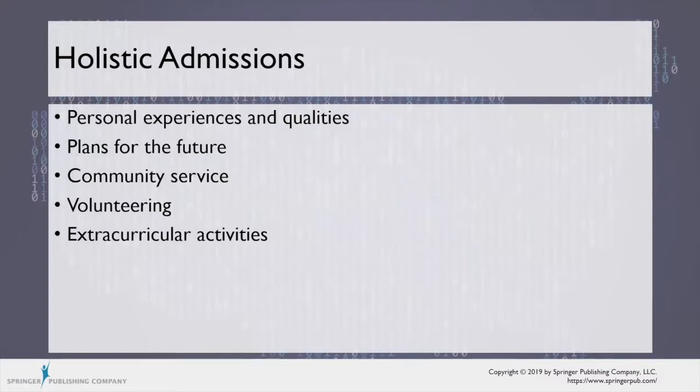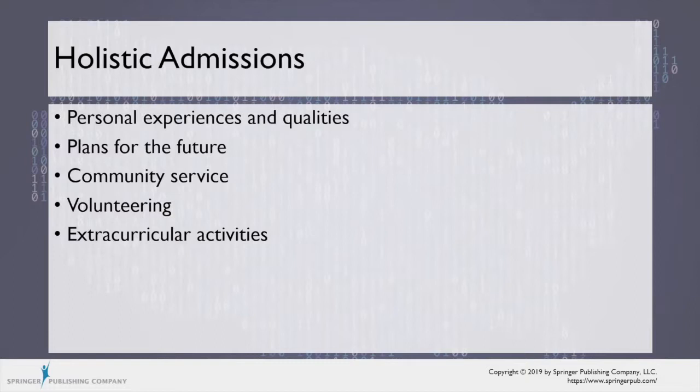Another strategy is holistic admissions, where you're looking to see what unique strengths and accomplishments the students bring, in addition to grades and test scores. Holistic admission practices consider a wide range of factors that really reflect the applicant's readiness.